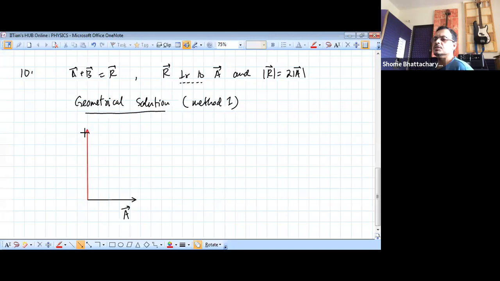So my resultant should be something like this, or A plus B. If this has a magnitude A, then the resultant is perpendicular to it, and it has a magnitude of 2A. So then in this diagram, where is the vector B? The vector B must be like this. This will be the vector B.